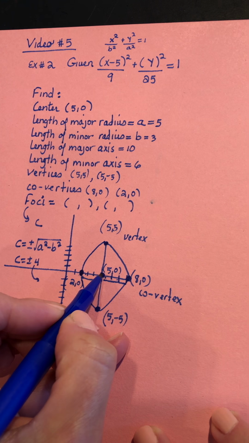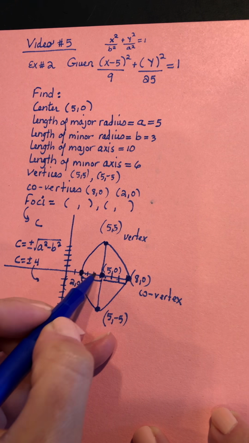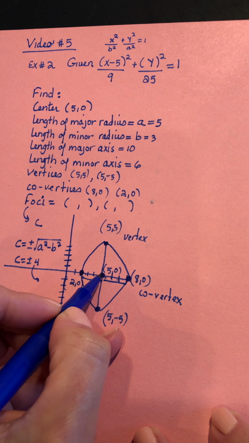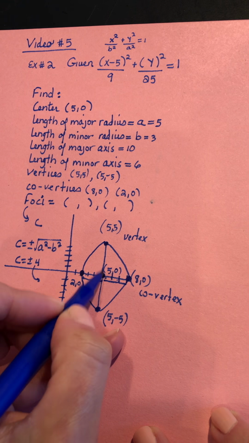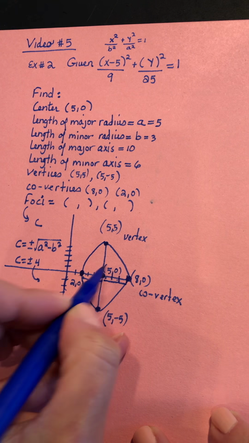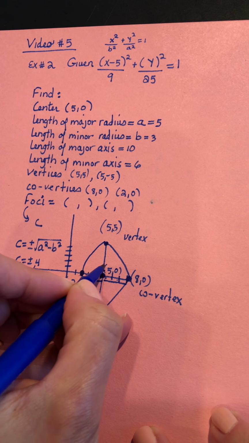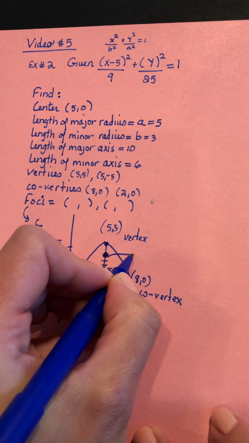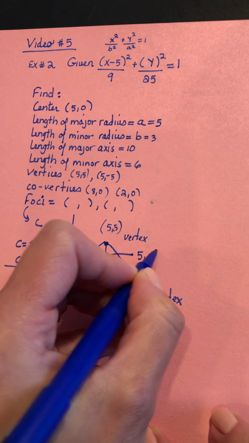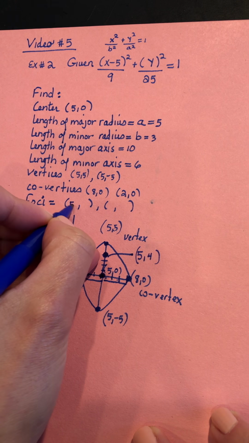So if I'm here at the point (5, 0), and I know the foci have to be on the major axis, I'm going to go 4 units from the x value of 5. Does that make sense? So I'm going to go 4 units up. So from this point, I'm going to go up 1, 2, 3, 4, and this point here would be (5, 4). This is one of my focus points.